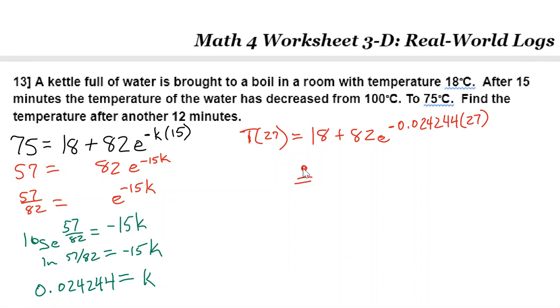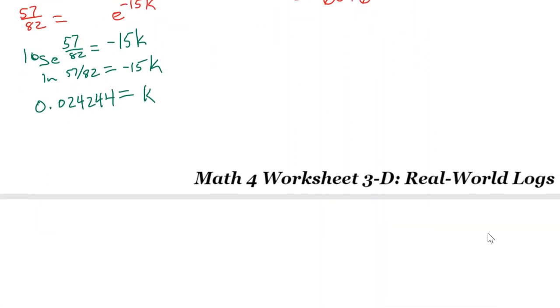All right, e raised to that number, negative 0.024244 times 27, parenthesis, e is going to be about 0.5, and I multiply that by 82, and then I add the 18. And that's going to give me 60.6. So the temperature would be about 60.6 degrees Celsius after another 12 minutes. And that is it.